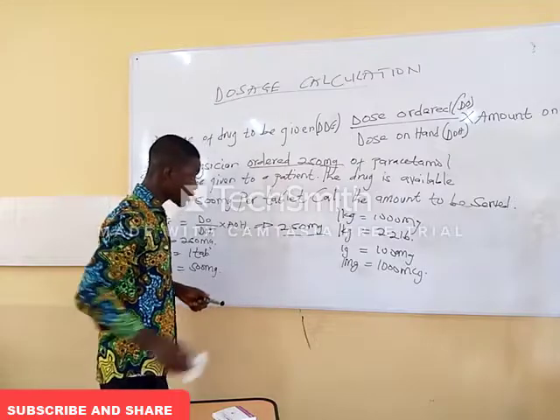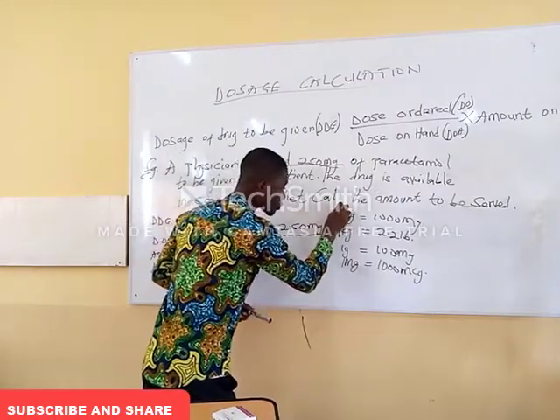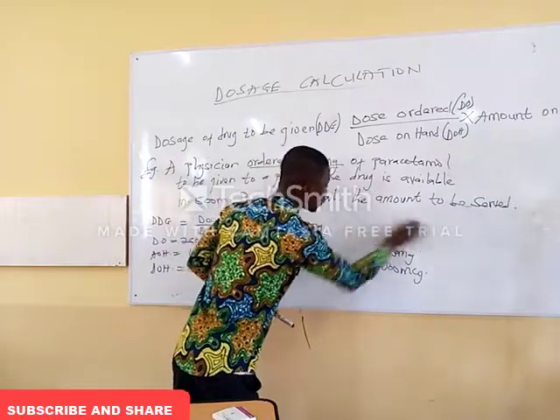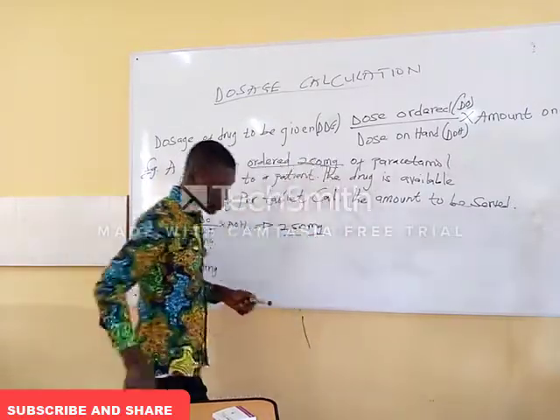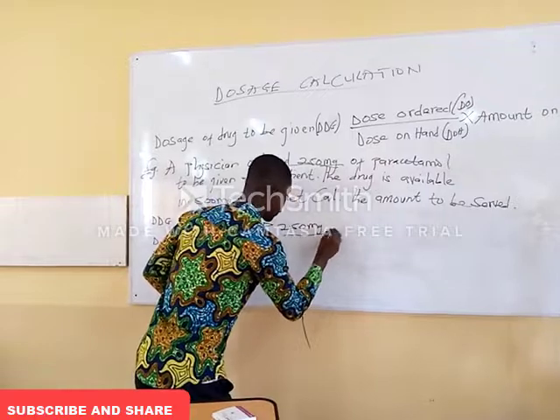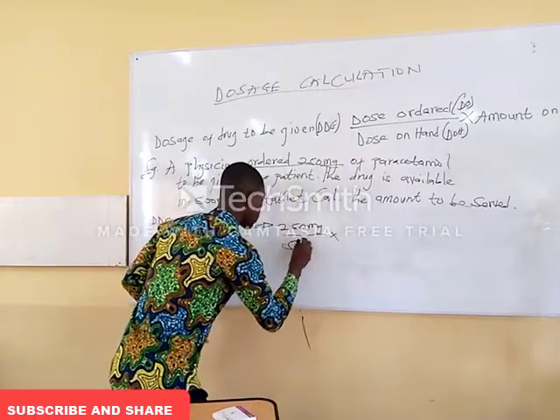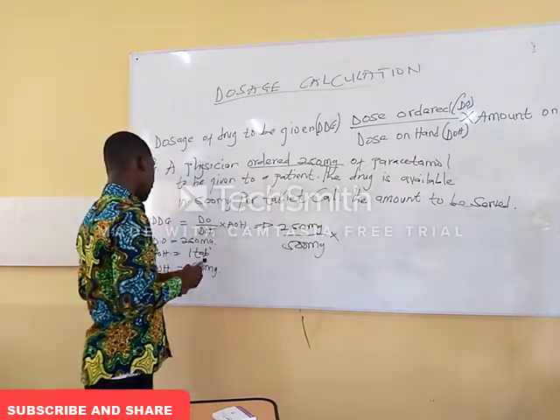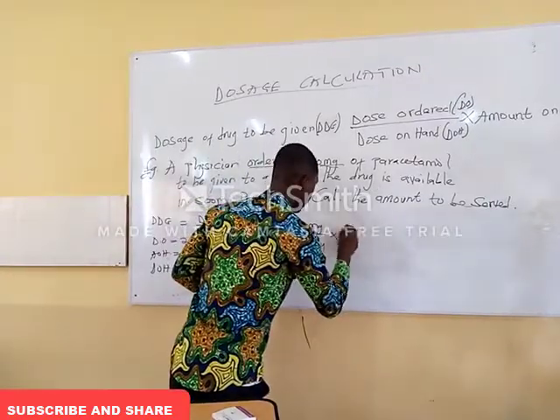So in short, you are going to put your 500 mg here. And then the amount on hand is 1 tablet, so times 1 tab.